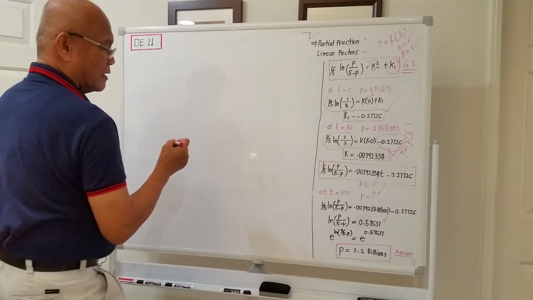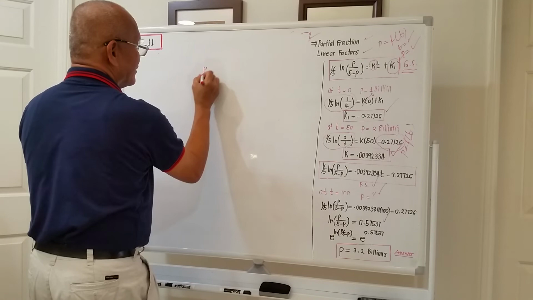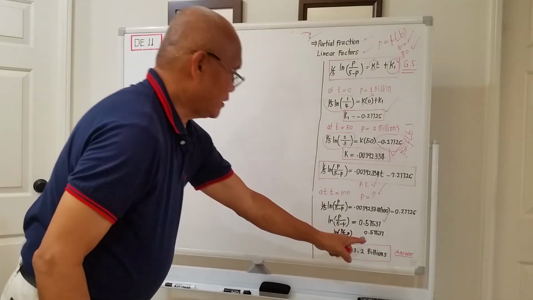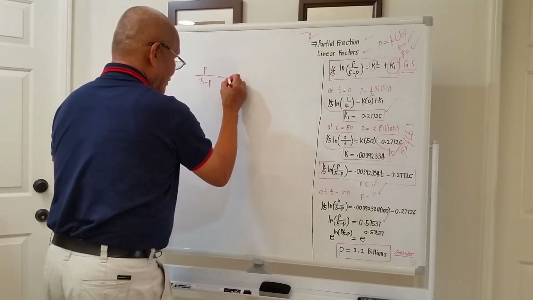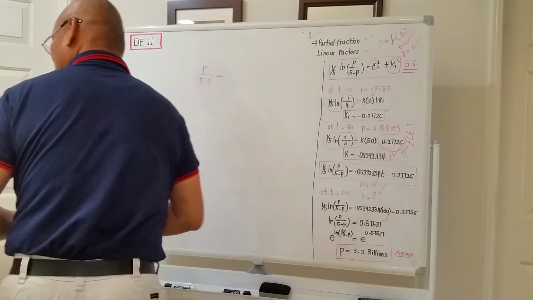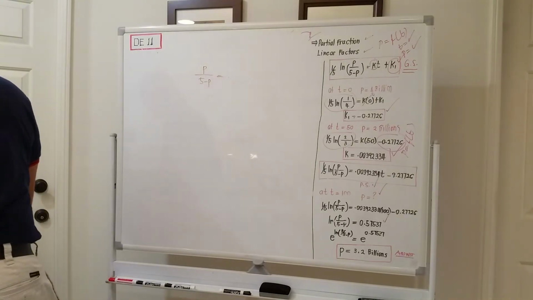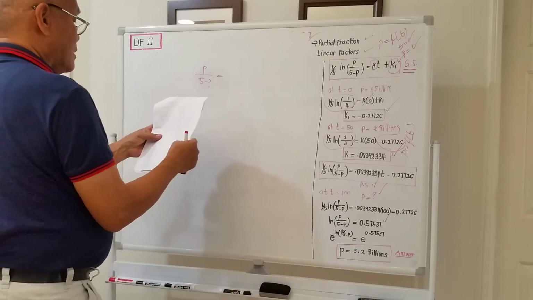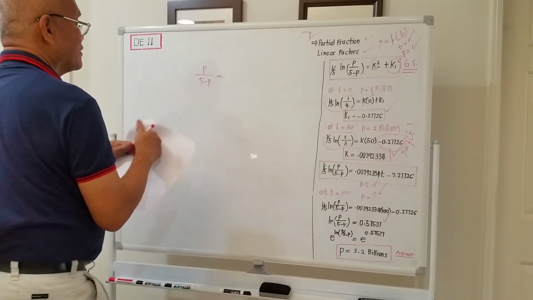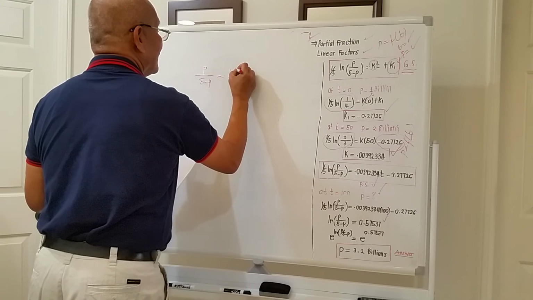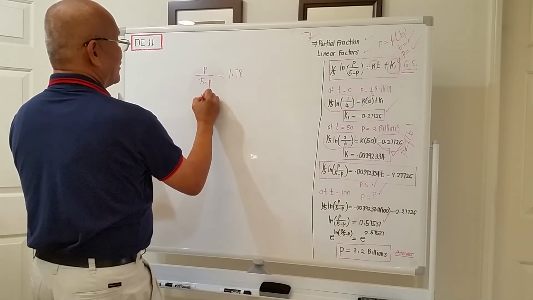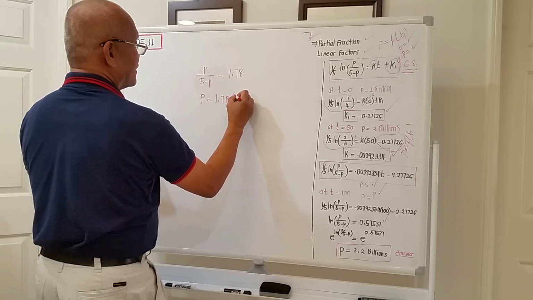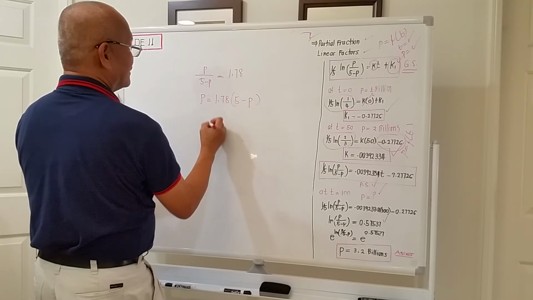What comes out? It will become P over 5 minus P equal to e to this, which is actually a certain value. I think, hold on, I'll bring out my rough draft over here. This is 1.78. So it will be P equal to 1.78 times the difference 5 minus P, right?